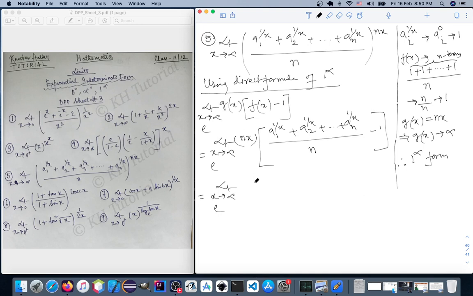But over here we have 1 by x, it is not x, even though 1 by x is tending to 0. What if we just substitute 1 by x by t?